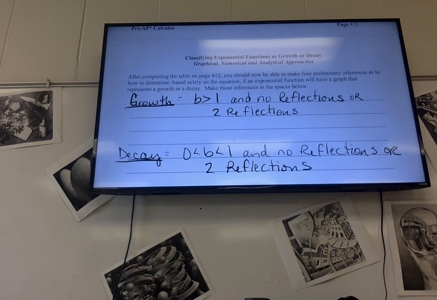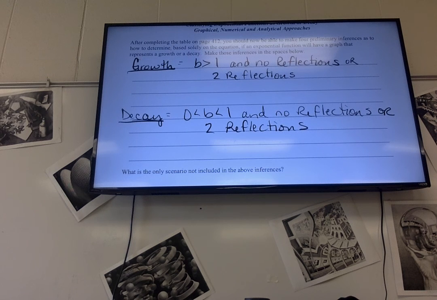Okay, so if we had already decided, I think we already figured out, if on growth it had been B is greater than 1, and we just did 1 reflection, what happens to it? Yeah, it flips it, it becomes decay. So that's the second part of these. If I had B is greater than 1 and just 1 reflection, it's going to be decay.